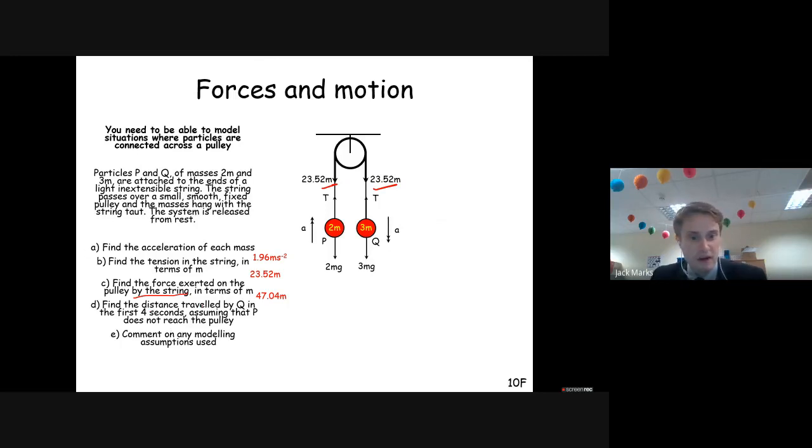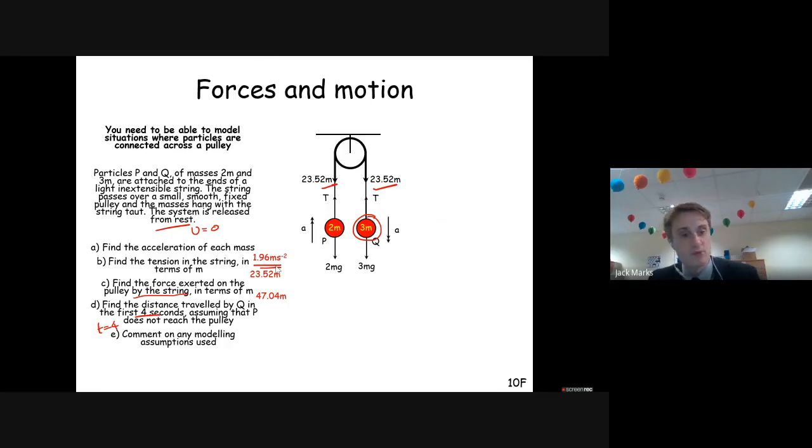And finally, find the distance traveled by Q. So that's this one here. So it's going to go down, isn't it? In the first 4 seconds. So what do we have? We have u equals 0 from before. We have t equals 4. Hang on a minute, we have an a as well, don't we? It sounds like a SUVAT question.